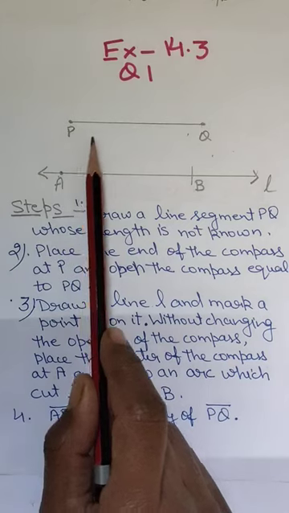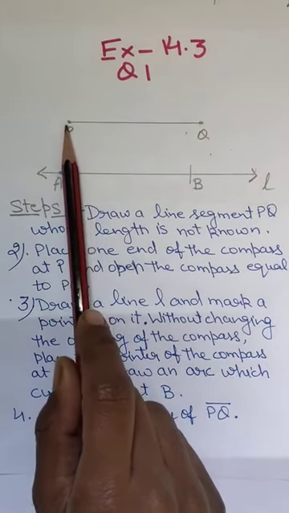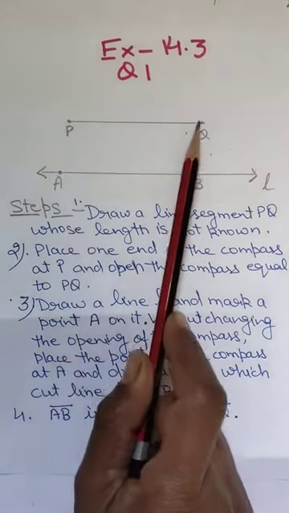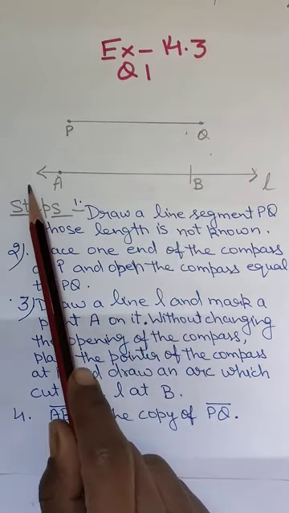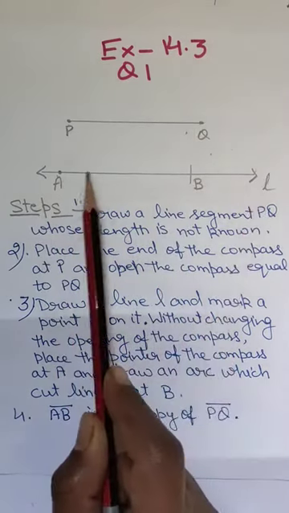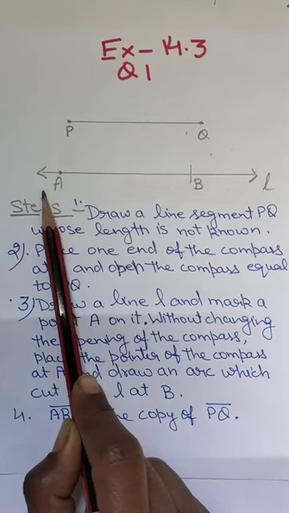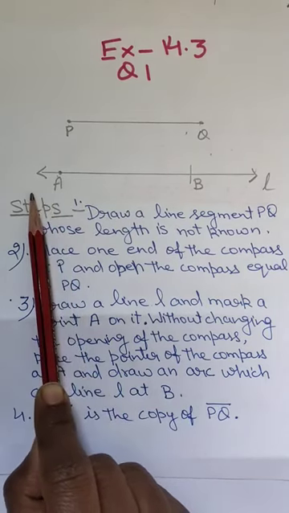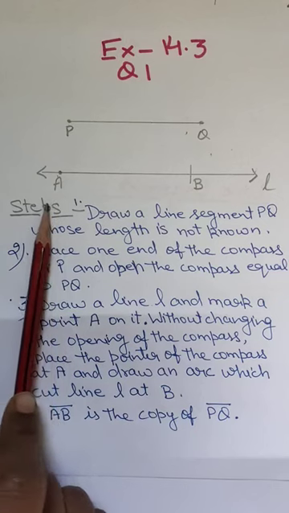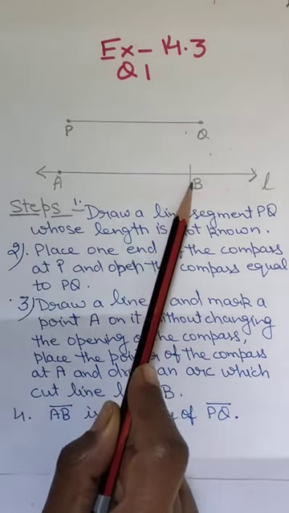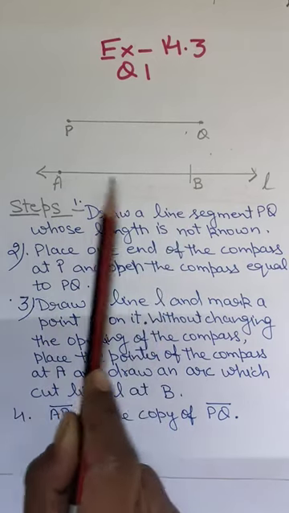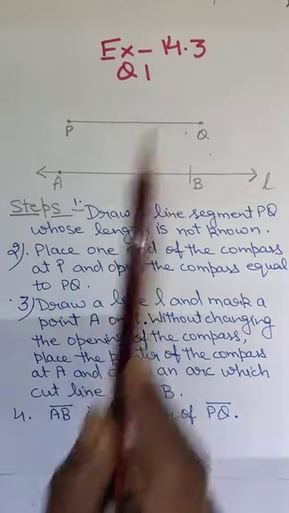Now place one end of the compass at P and open it equal to PQ length. Now draw a line L, mark a point A on it. Without changing the opening of the compass, place the pointer of the compass at A. Draw an arc which cuts line L at B. This AB is the copy of PQ.